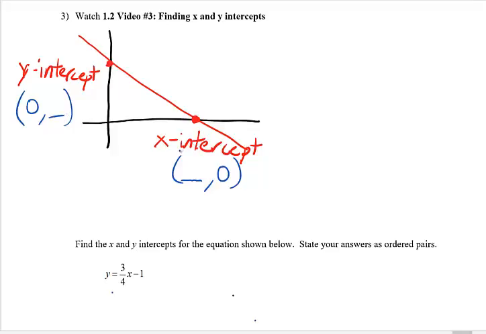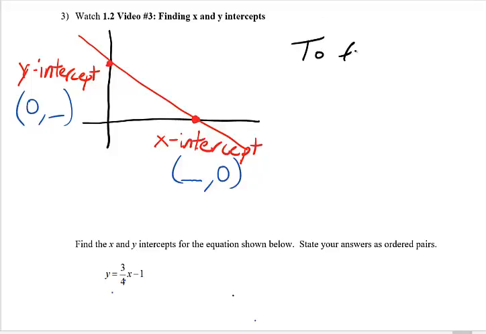Notice that the x-intercept always has a y-value of 0. The y-intercept always has an x-value of 0. This is really the secret to finding intercepts. Let me write down the rule for you.